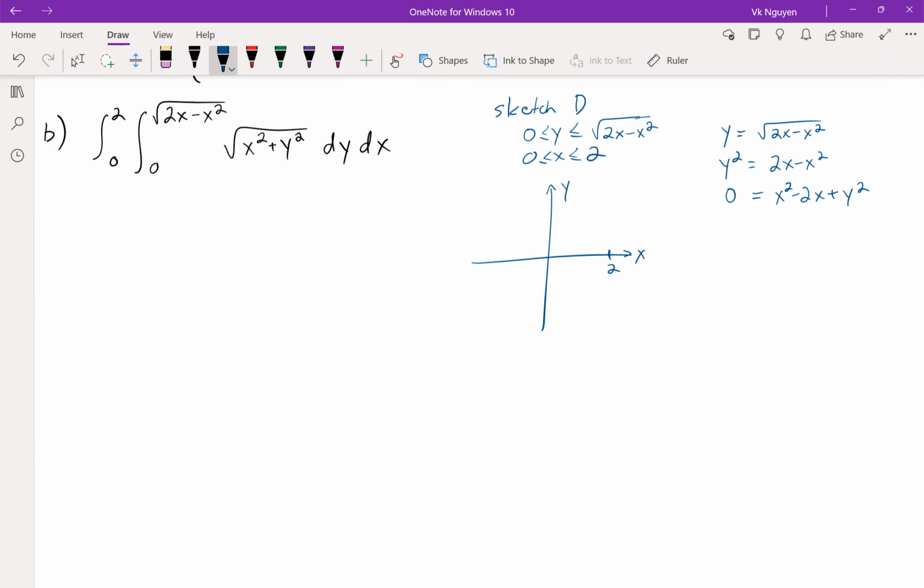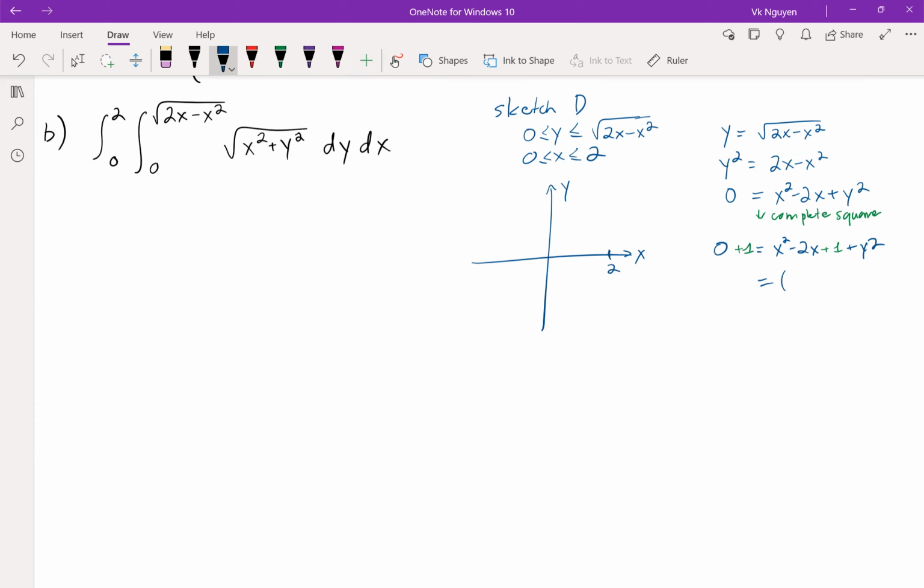I'm going to complete the square for this thing here. x squared minus 2x, and then I'm going to add 1, so it's going to be 0 plus 1, plus y squared.